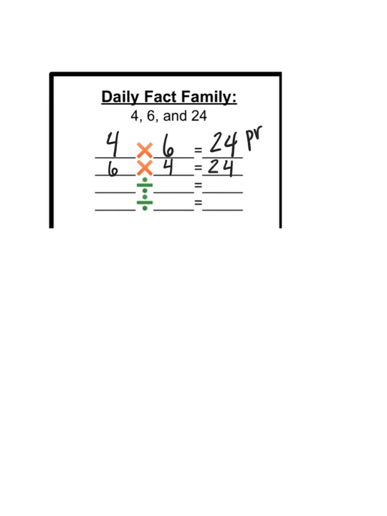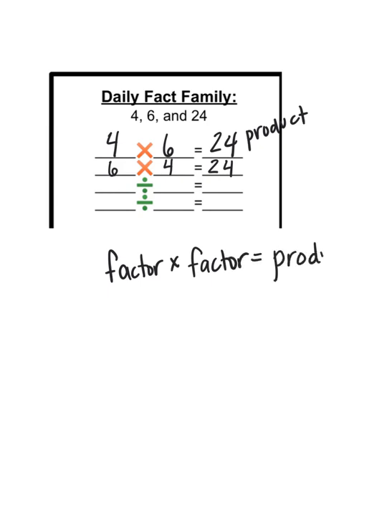They give me the same product. Remember, with multiplication, we're multiplying factor times factor to get a product. All right, now for this one, 24 divided by 6 will get me 4, and 24 divided by 4 will get me 6.